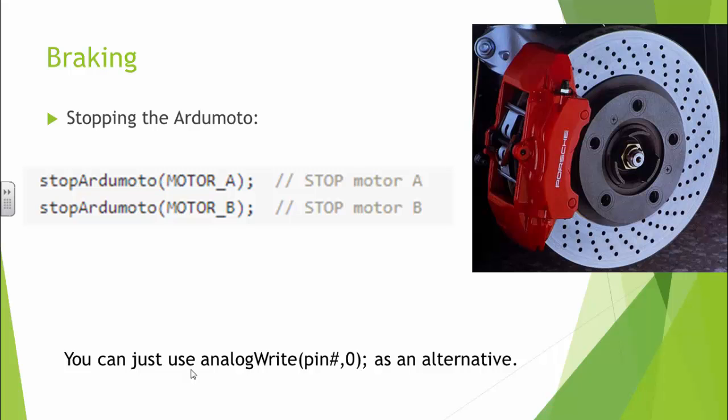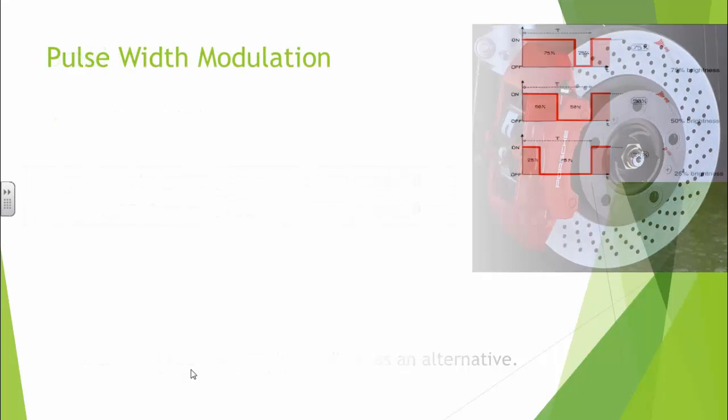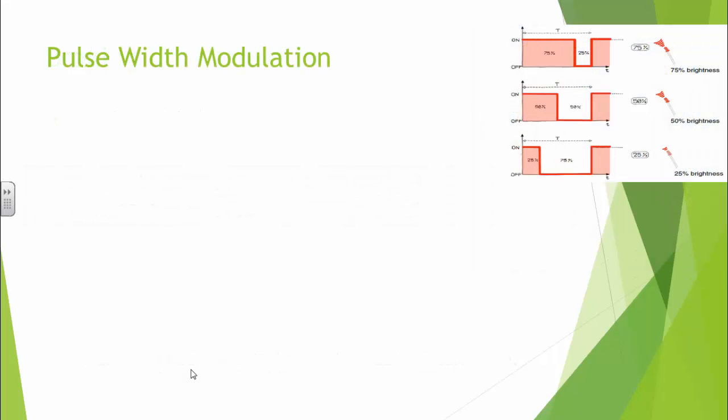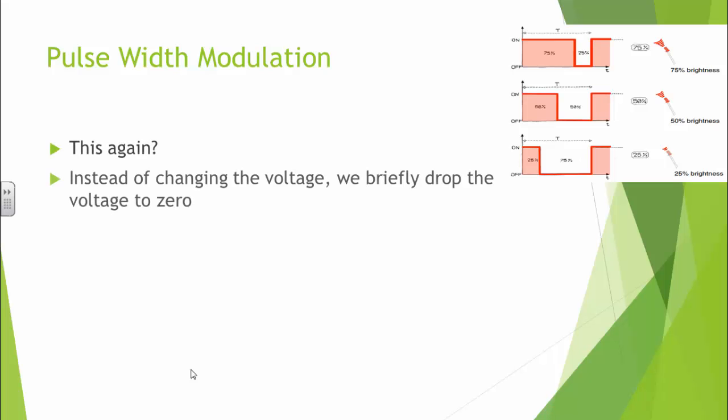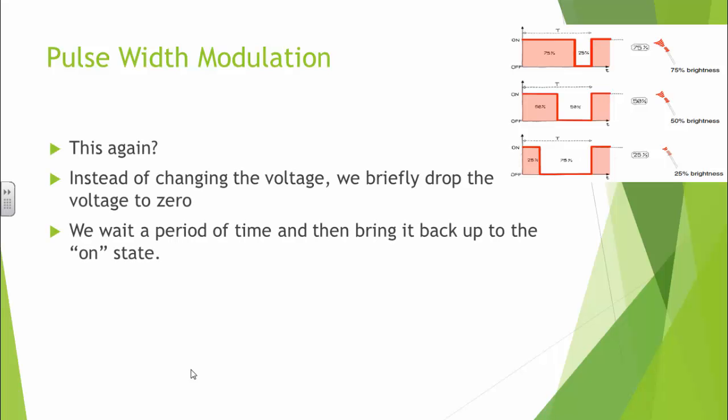Of course, you could have just written 0 output to that pin, but this is certainly clearer in terms of its implementation. Pulse width modulation, we already talked about this, but we have the capacity to have 256 different levels of power if we include maximum and 0.